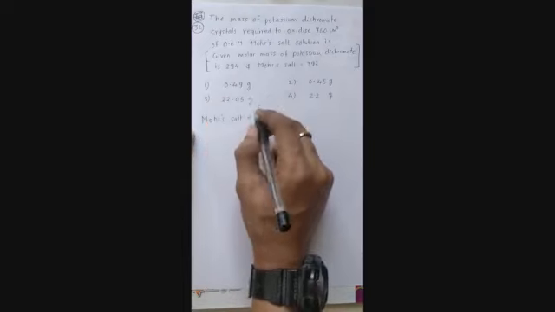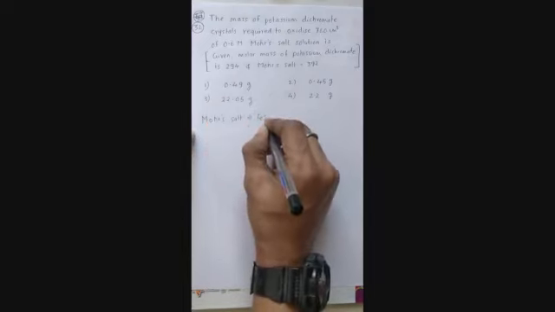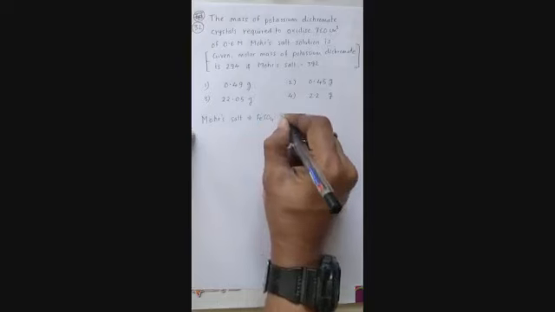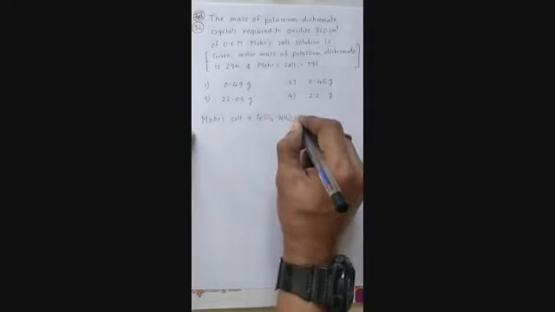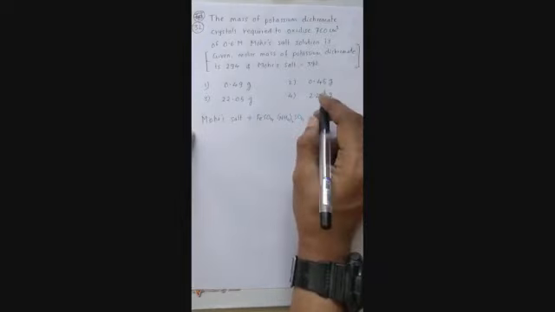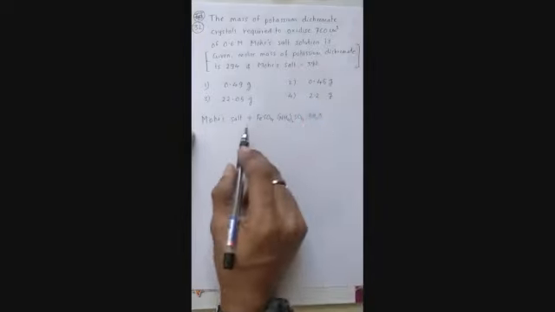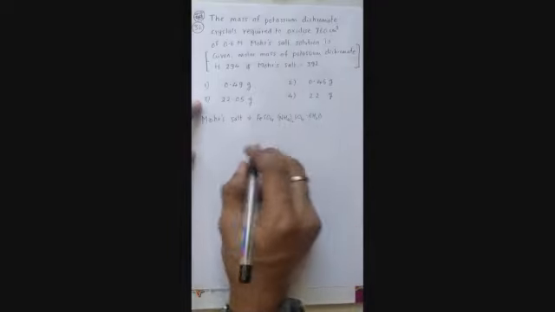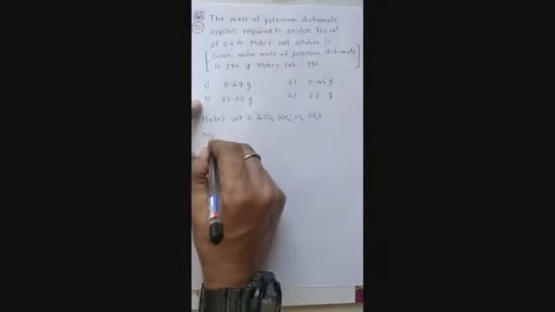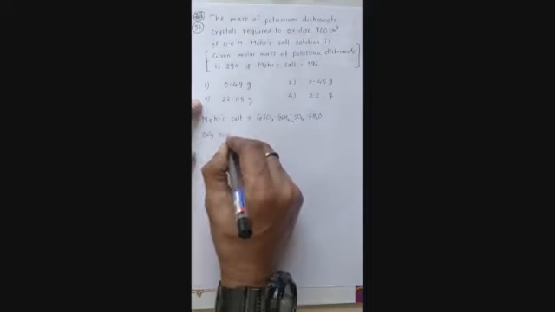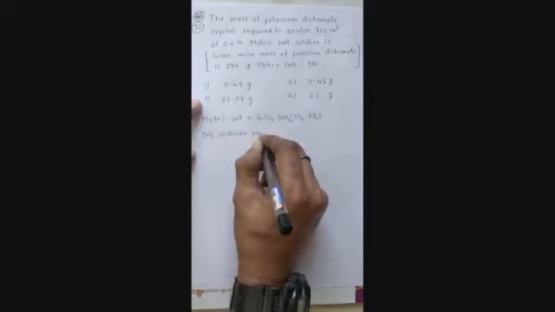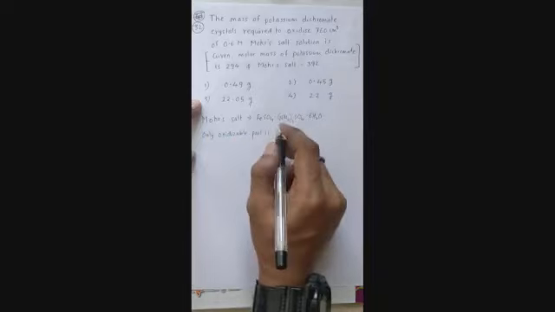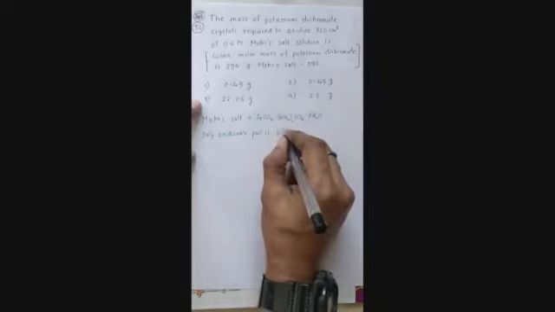The formula for which is FeSO4 dot NH4 twice SO4 ferrous ammonium sulfate, and the water of crystallization is 6 moles of water. So this is ferrous ammonium sulfate, but out of this the only oxidizable part is Fe plus 2.